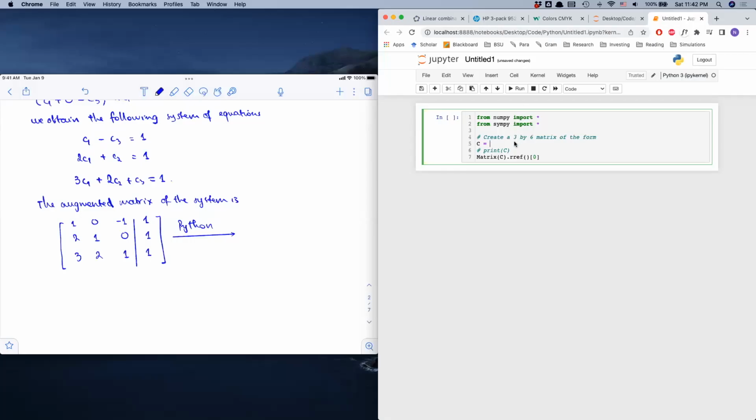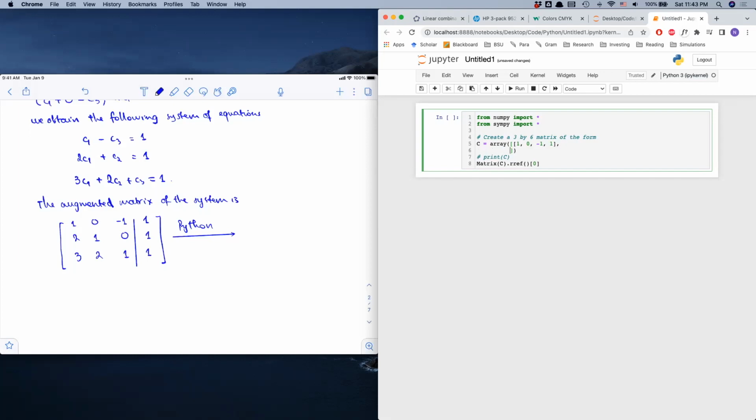All right, so I call my augmented matrix C, and I change it. So here, array, open and close parentheses, open and close brackets, and the rows will occur inside these brackets. The first row, open and close bracket, is going to be 1, 0, -1, and 1. Separate the first row and the second row by a comma.